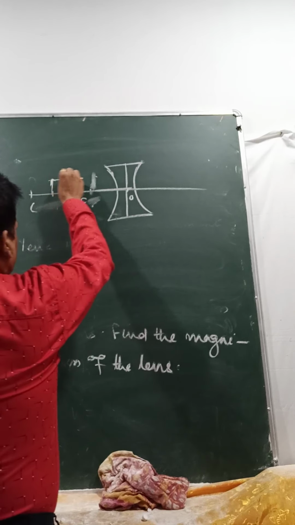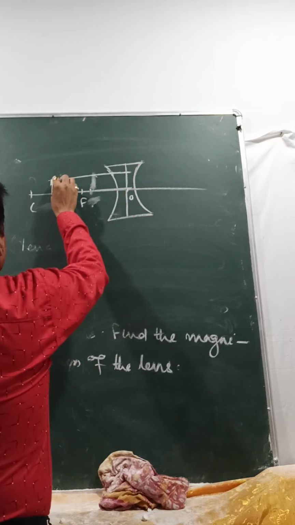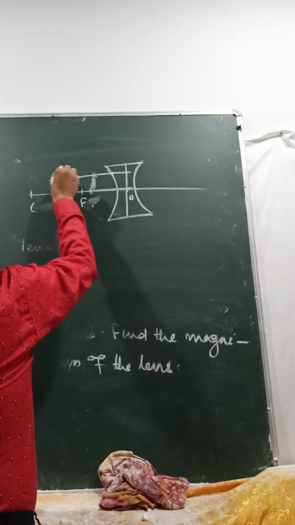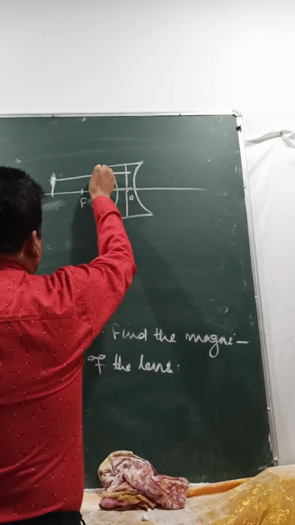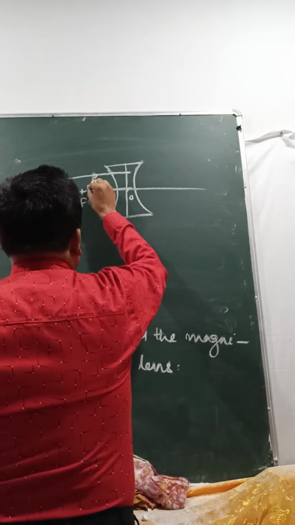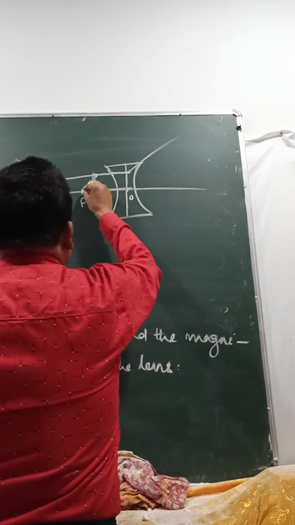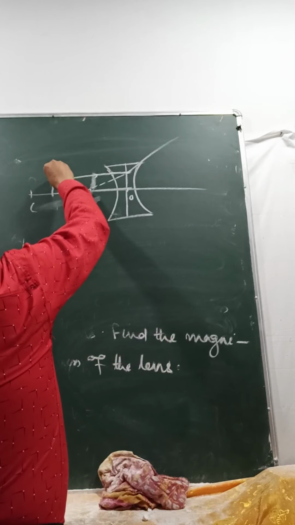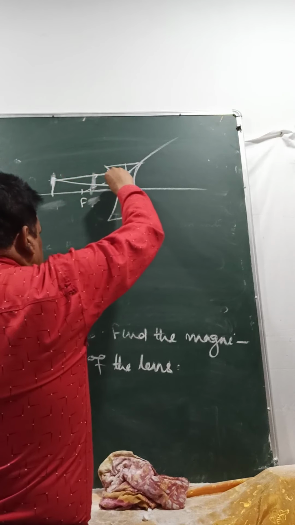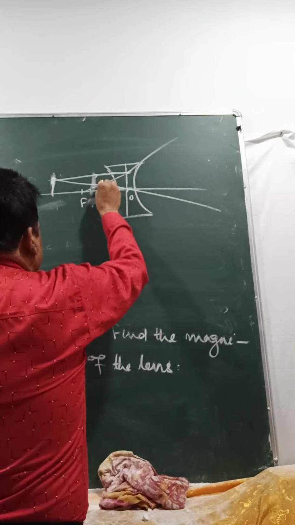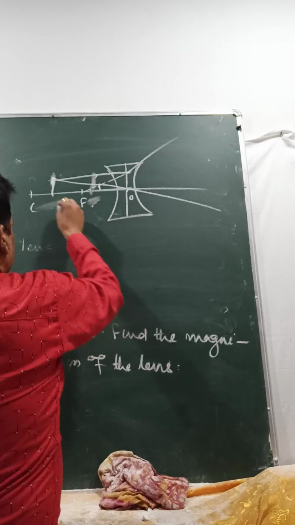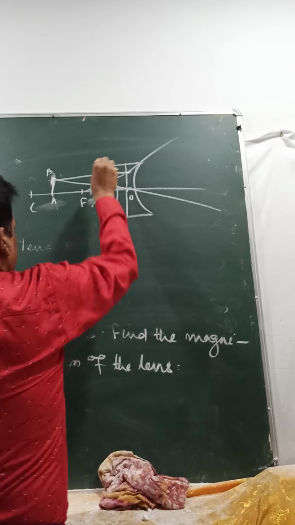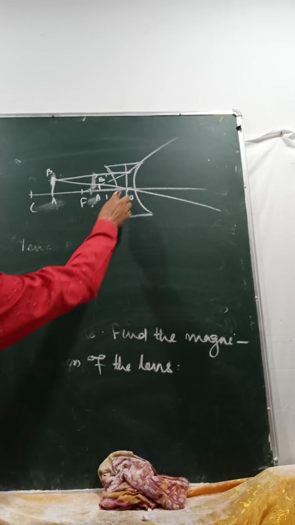The ray that goes parallel to the principal axis diverges in the direction of focus. Another ray that passes through optical center passes out without any deviation. This is now the image. If this is AB, this is your A dash B dash. That means focus is this side.